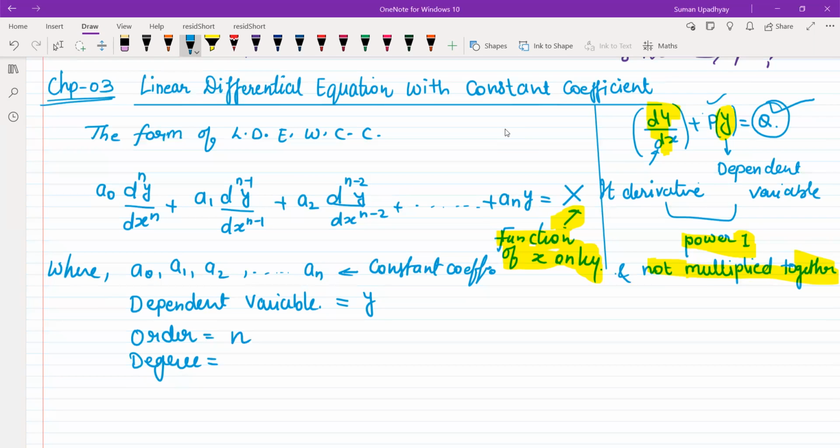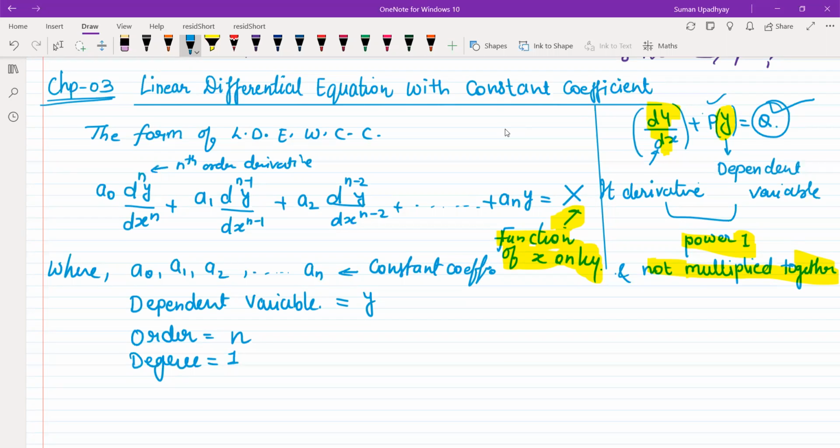Order is what? n. What I had told you is that we have to look at the highest order derivative. First order is there, second order, third order, similarly the highest order derivative over here is the nth order derivative. Can you see? So the order is n. And for degree, we have to look at the power of the highest order derivative. What is the power of the highest order derivative? It is 1. So the degree is 1.